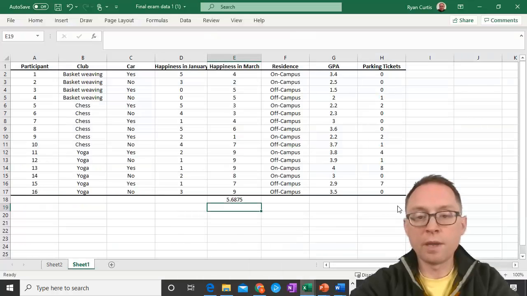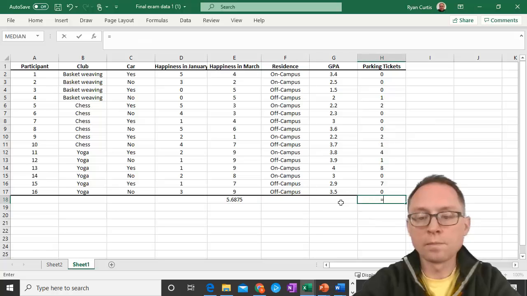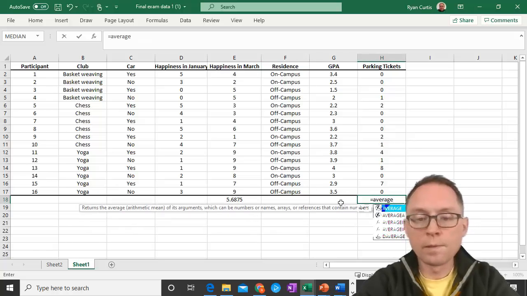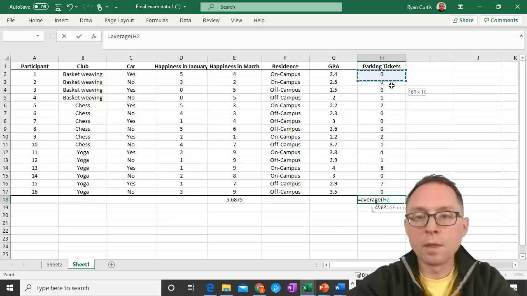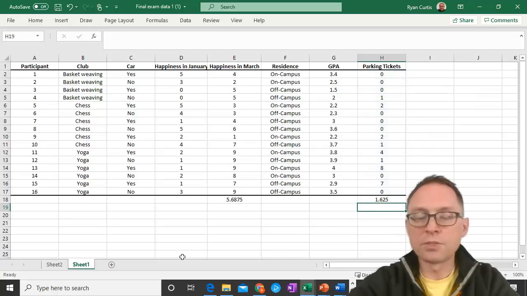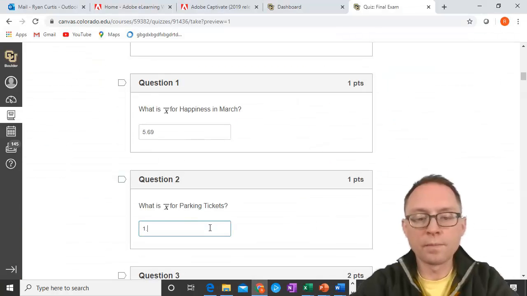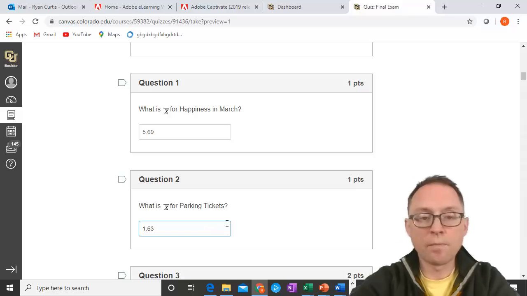Just add them up and divide. So we'll just do the average of all of these. And we get 1.625. It's the same thing. 1.63 is the answer. It's just the average.